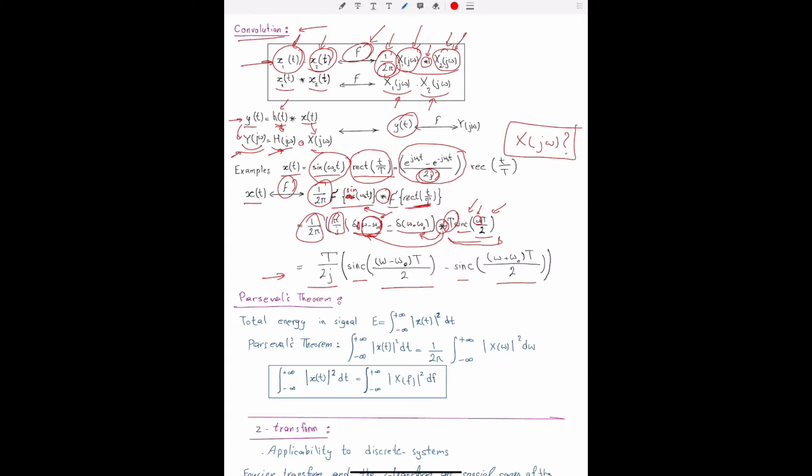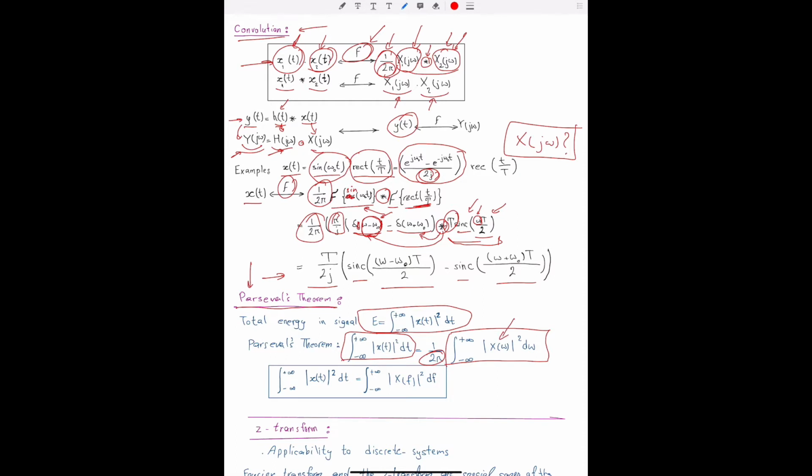Okay, so let's look at another property, which is Parseval's theorem. We know that the total energy in a signal is calculated in the time domain from this, right? Now, the total energy of the signal in the time domain is equal to 1 over 2 pi times the total energy of its frequency components.